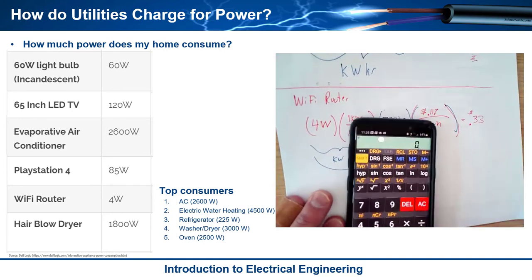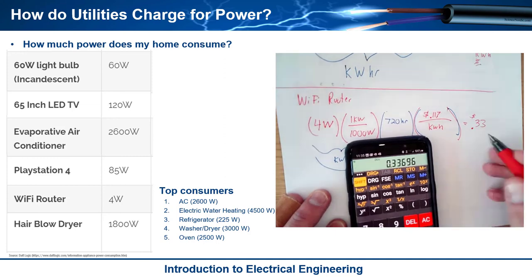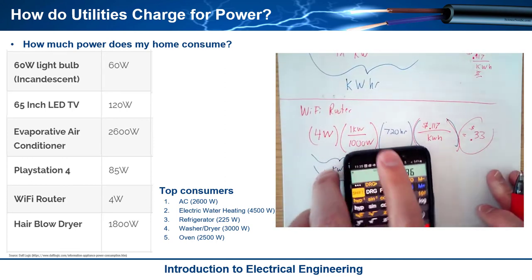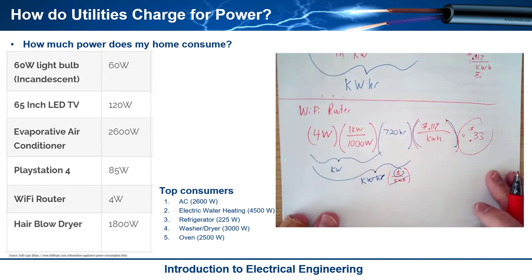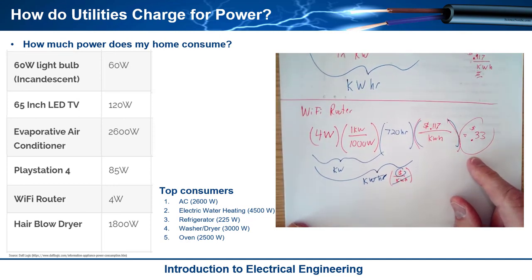That is so low, I'm going to check it one more time. 4 watts times 720 times 0.117, divided by 1,000. That is not a lot of money. Holy moly, that is absolutely nothing. So for a little over a quarter, you can run your Wi-Fi router for an entire month.